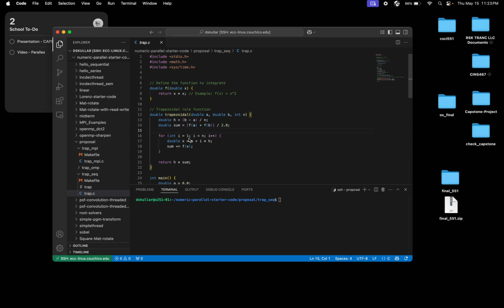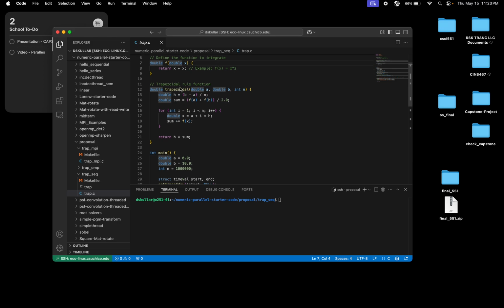Let's go over the breakdown of our code here. Here we define the function to integrate. In this case, f of x equals x squared. Then we have our trapezoidal rule function, which implements the trapezoidal rule.